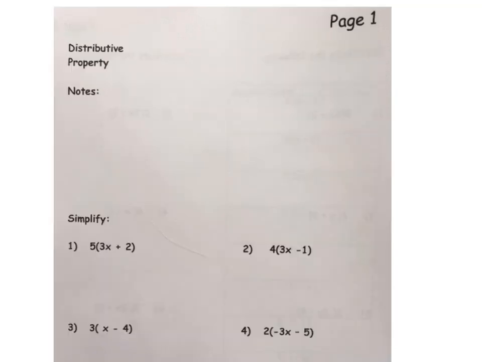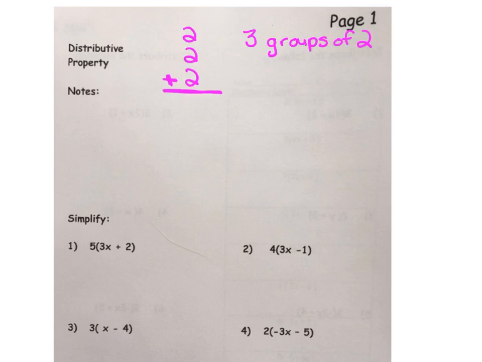Before we jump into the distributive property, let's review a few fundamentals about multiplication. First of all, multiplication is just repeated addition. For addition, if we have 2 plus 2 plus 2, we know the sum is 6.